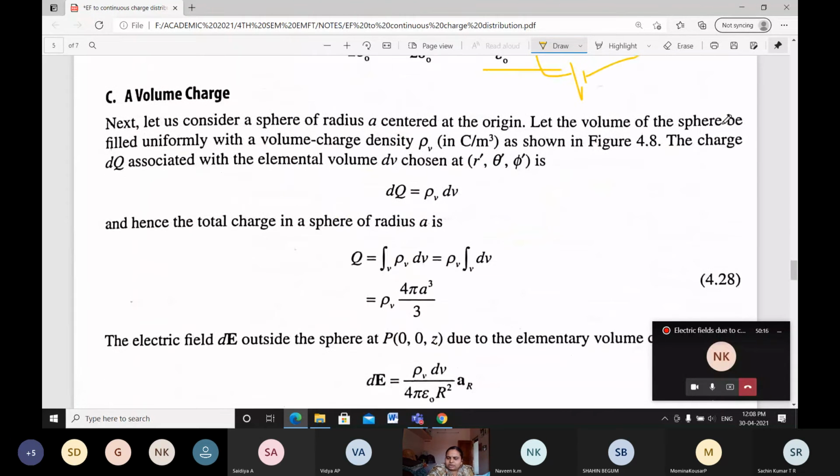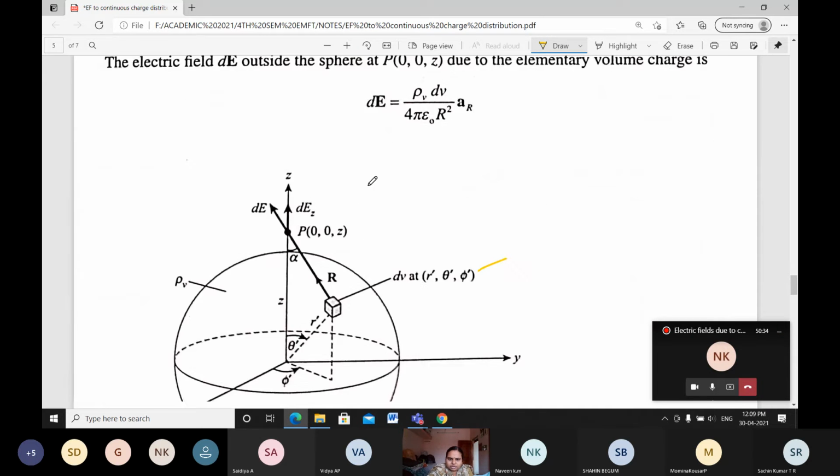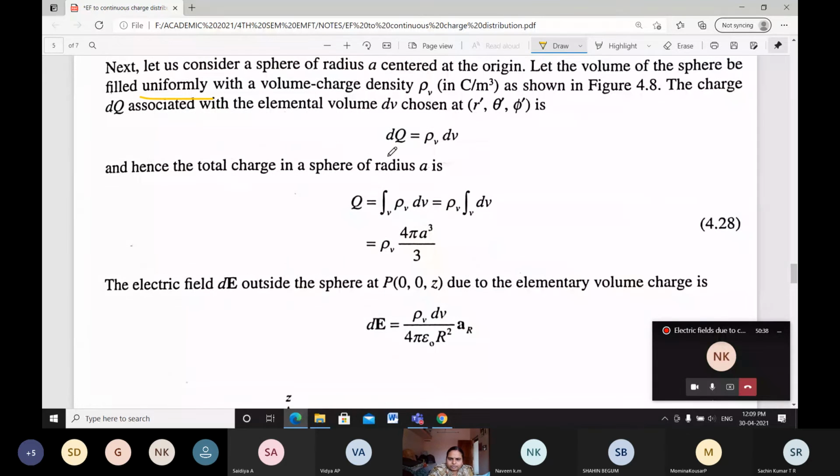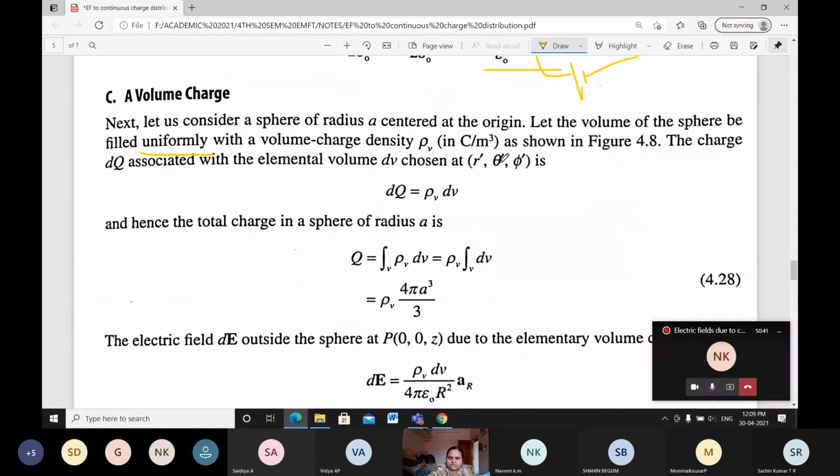Let the volume sphere be filled uniformly with a volume charge density rho v in coulombs per meter cube. The charge dq associated with the elemental volume dv, this is the element taken, at r dash, theta dash and phi dash, is dq equals rho v into dv.